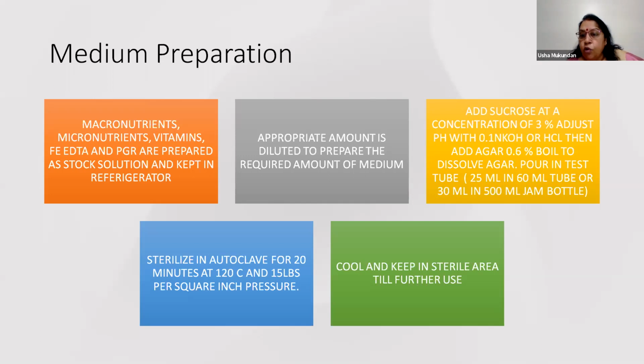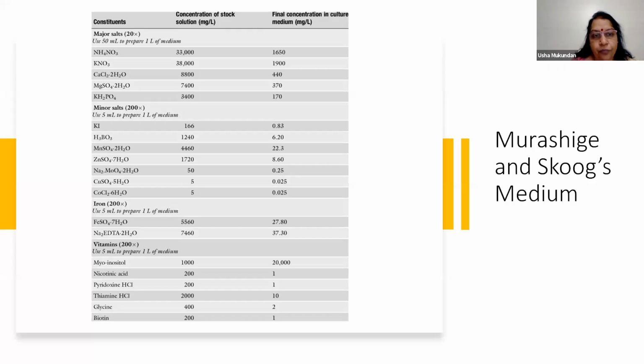Then you add sucrose, you adjust the pH, and then you add agar. You boil the media to dissolve agar, and then you can pour in the containers and sterilize it in an autoclave 20 minutes at 120 degrees centigrade and 15 pounds per square inch pressure. You have to cool and keep it in a sterile area, preferably under a laminar airflow. Now this is a recipe. Now please remember, you don't have to learn it by heart, but you should at least know what it is.